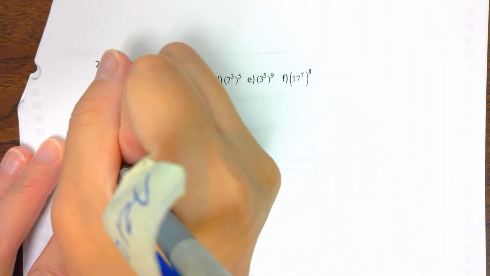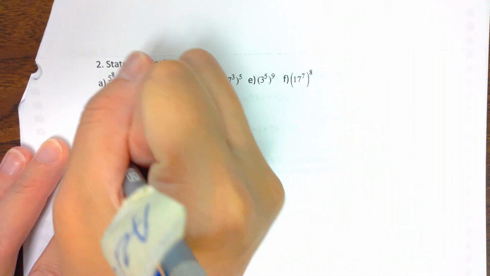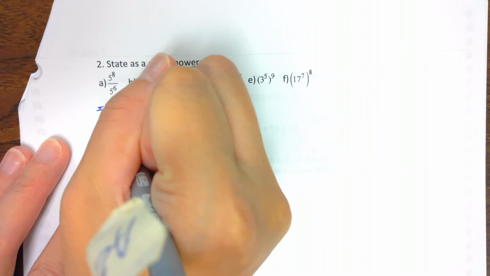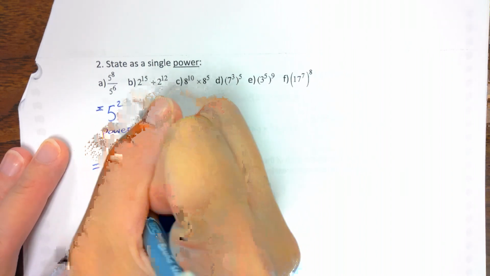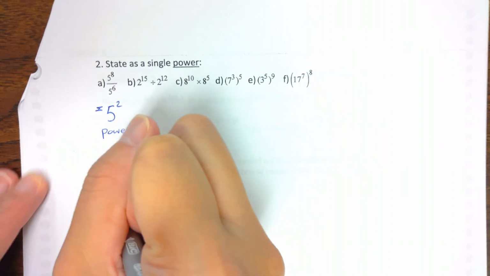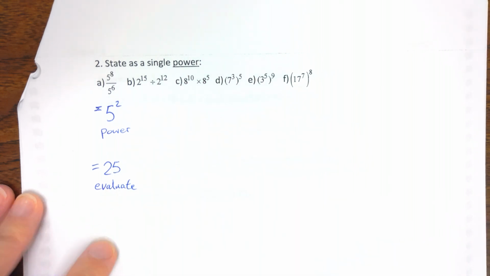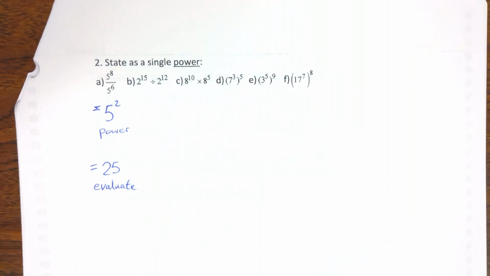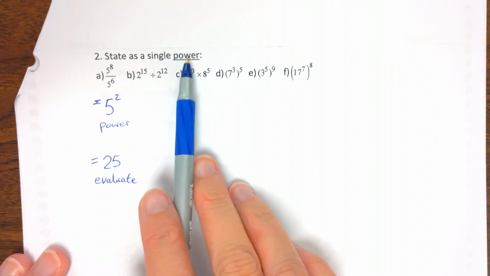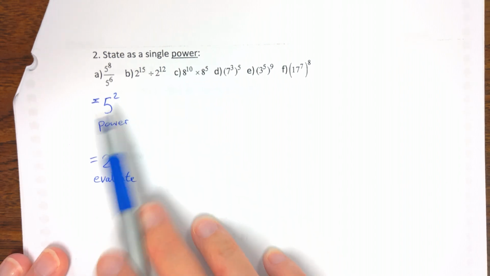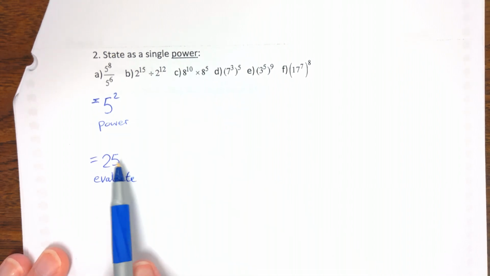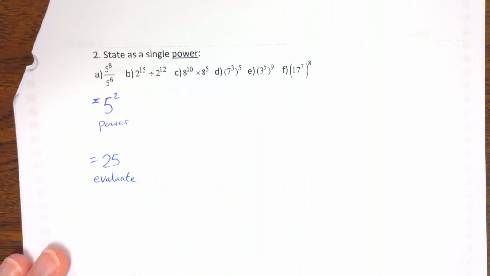This is a single power answer. And if you write 25, this is an evaluated answer. Okay, so notice the difference between the two. If the question asks you to write a single power, this is your answer. If the question asks you to evaluate, then this is your answer.